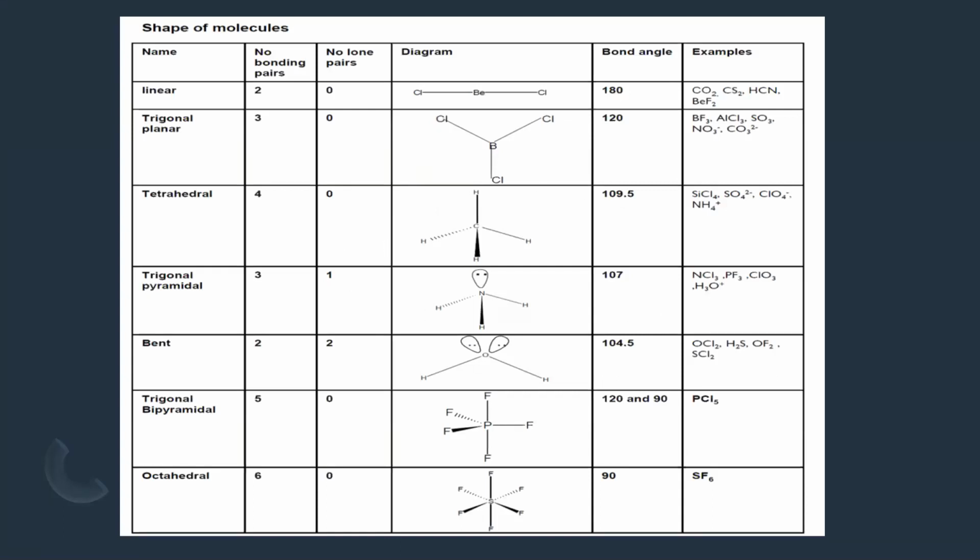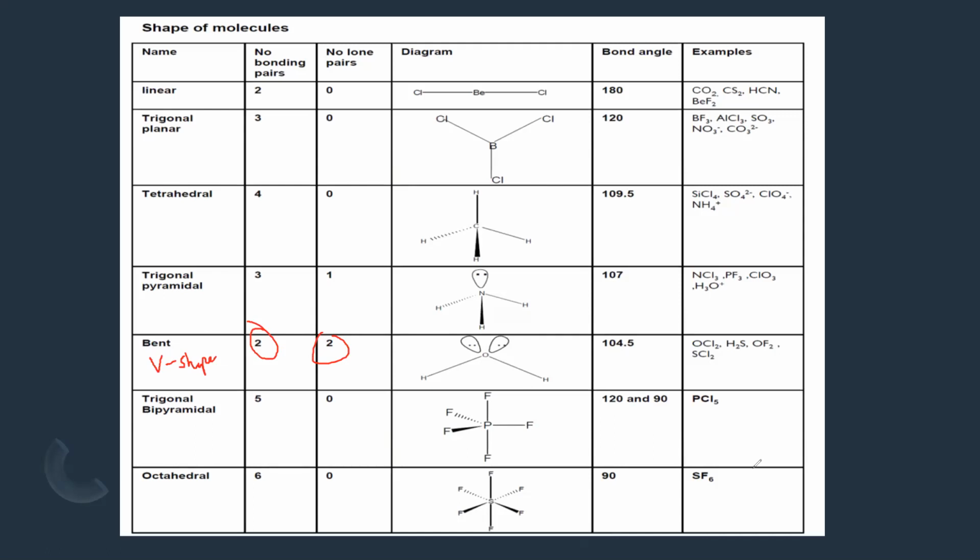Then if it has 2 bond pairs and 2 lone pairs, we call that structure bent or V shape. You can say bent, or you can use the term V shape. But the condition is that there should be 2 bond pairs and 2 lone pairs. An example is the normal structure of water, H2O.